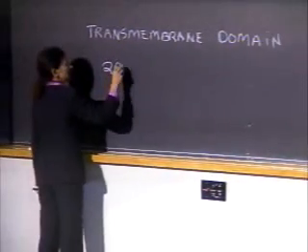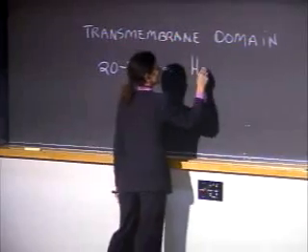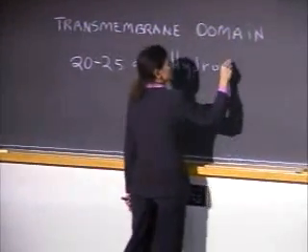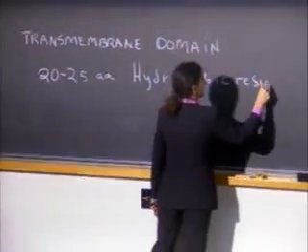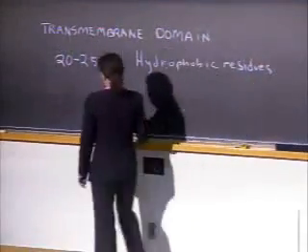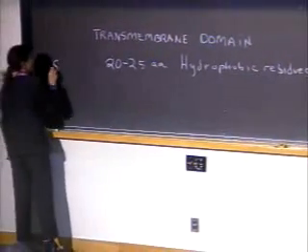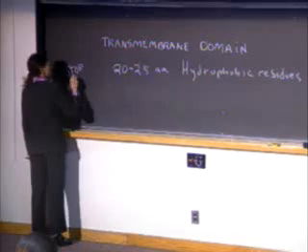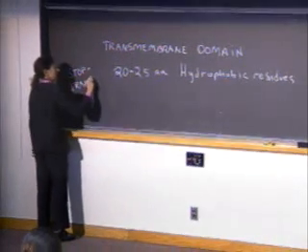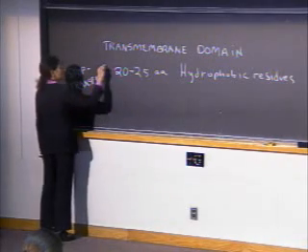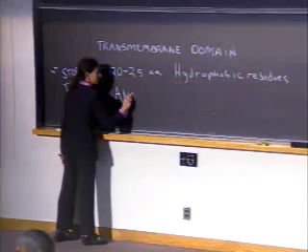So we'll say 20 to 25 amino acids of hydrophobic residues. It is a stop transfer sequence. Stop transfer for going across an ER membrane. It anchors it in the membrane.